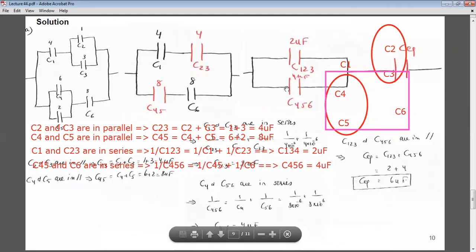So I got the C123, I got the C456. Now these two together, how are they connected? They are in parallel.